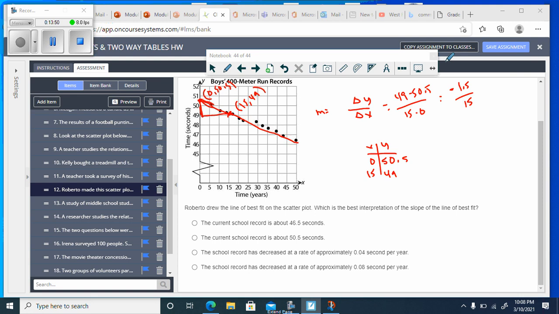It's closer to 0.1, so your school record decreased by, this is going to be the closer one, 0.08 seconds per year. Okay? Let's go to the next one.